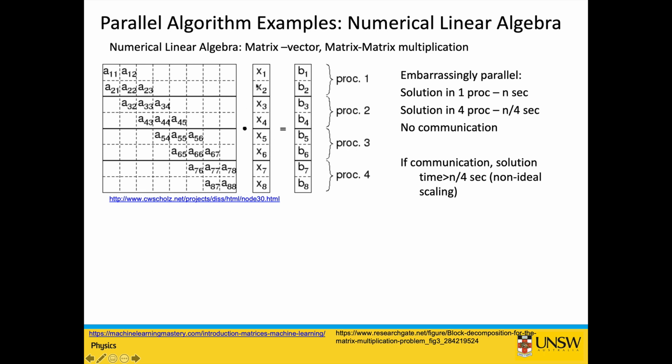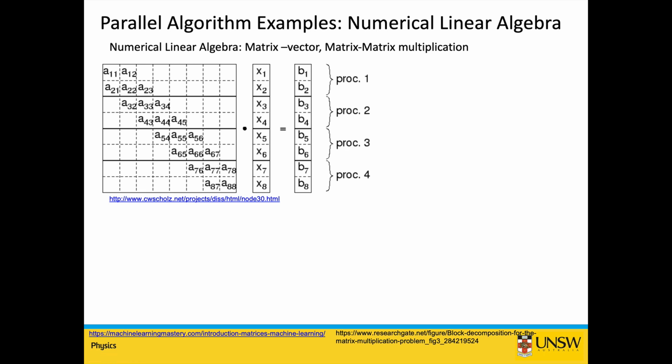And this vector can be residing in all the processors. So all the processors will share this vector x1 to x2. And then when I do the multiplication, I can have these B1 and B2 elements, the result of the product, located in processor 1, B3, B4 in processor 2, and so on.